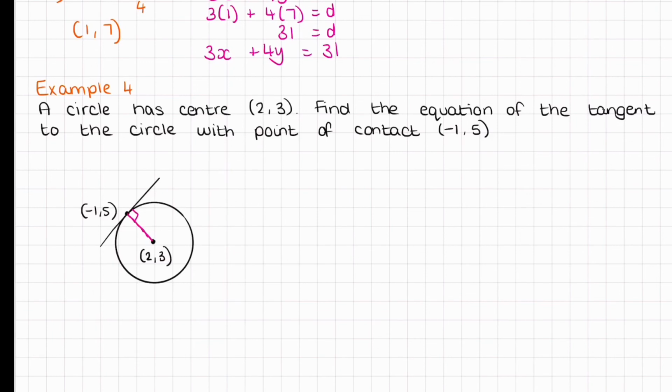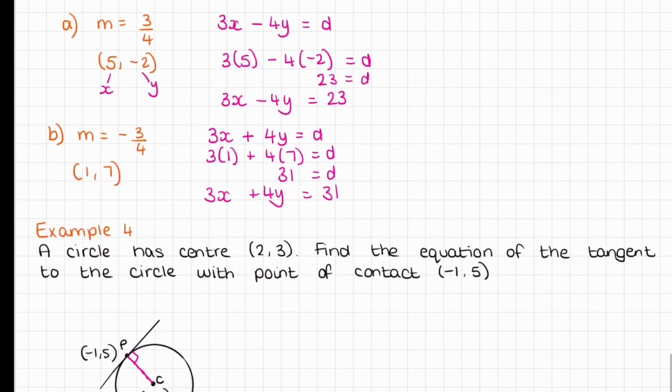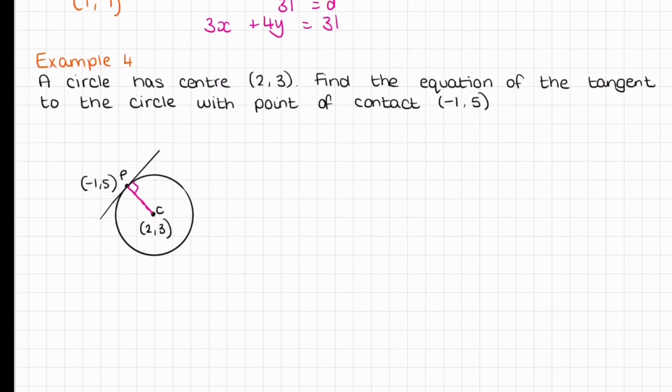So the first thing we have to do is find the gradient of this line. We'll call the centre C and we'll call the point P. So we want the gradient of CP. So we want y2 minus y1 over x2 minus x1. 5 minus 3 is 2, and minus 1 minus 2 is negative 3.